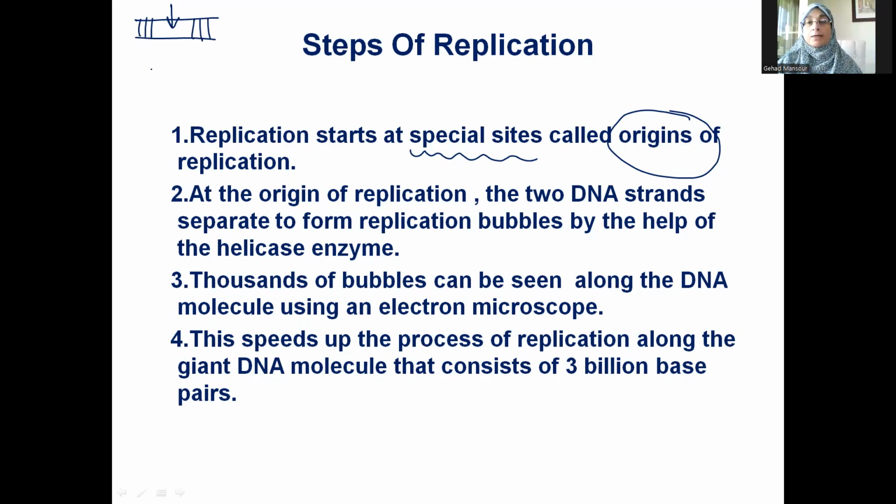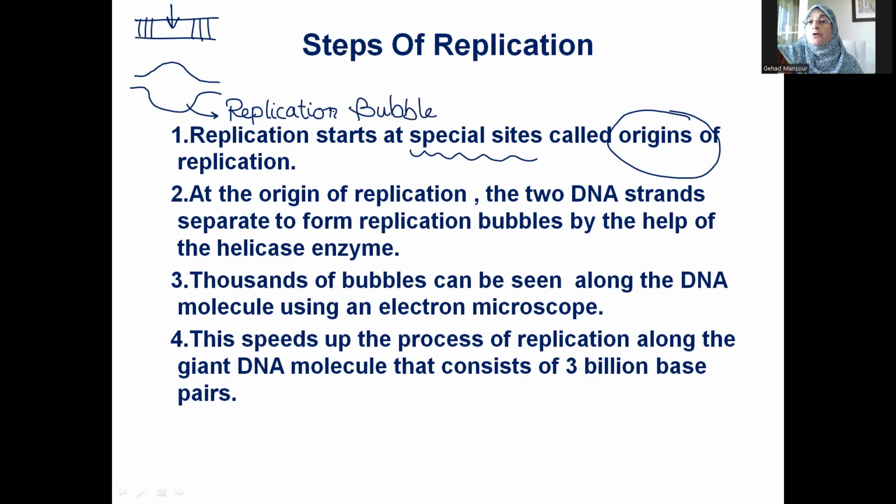Not only does the helicase enzyme break the hydrogen bonds to separate the two strands, but it also moves them apart from each other, and therefore we start to have a structure that looks like a bubble, that we call a replication bubble.